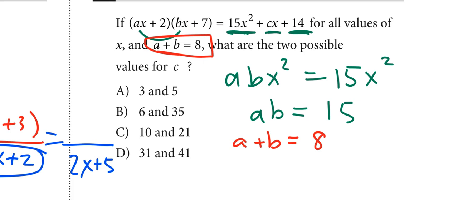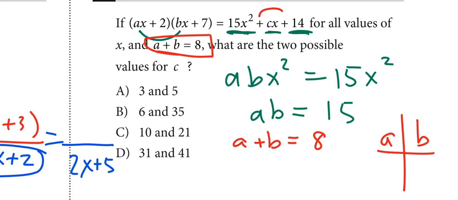Okay, so we got 3 and 5. Do we know whether A is 3 and B is 5, or B is 3 and A is 5? Do we know that? I don't think we do know that, right?